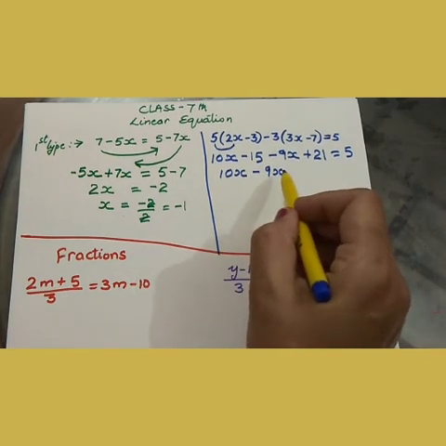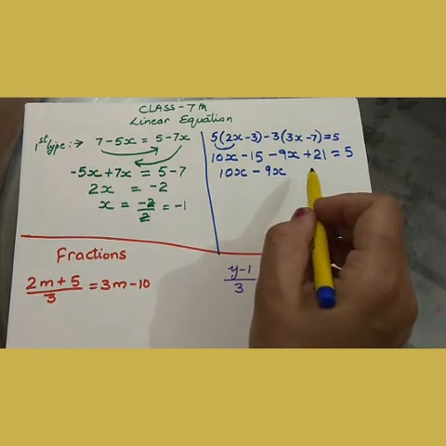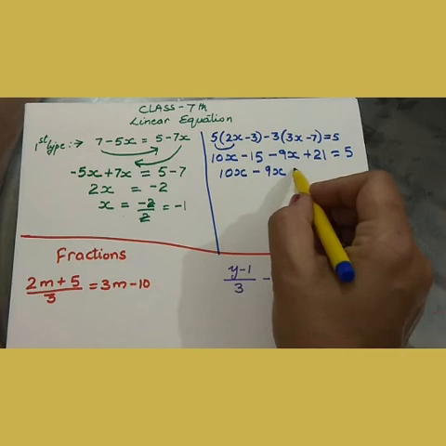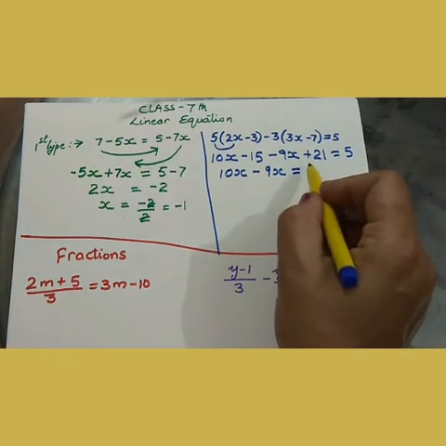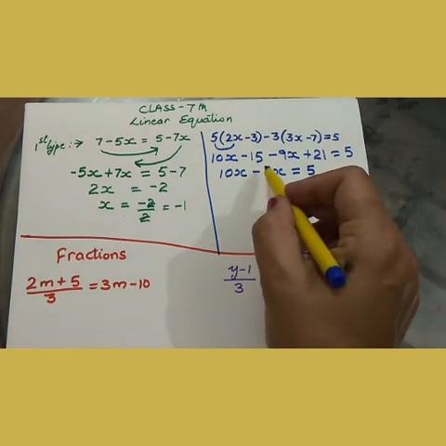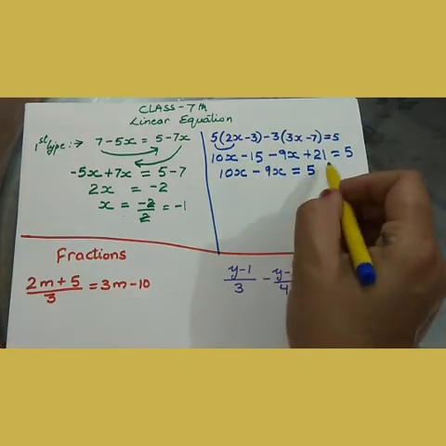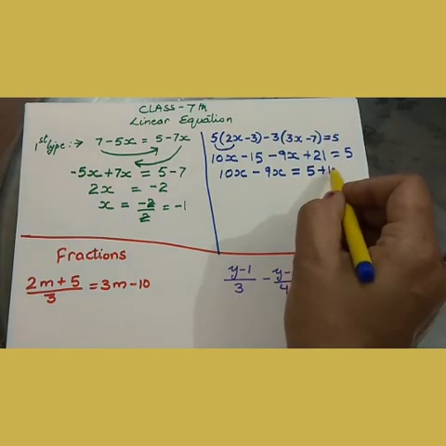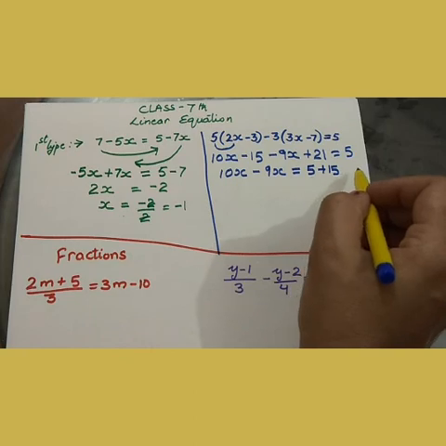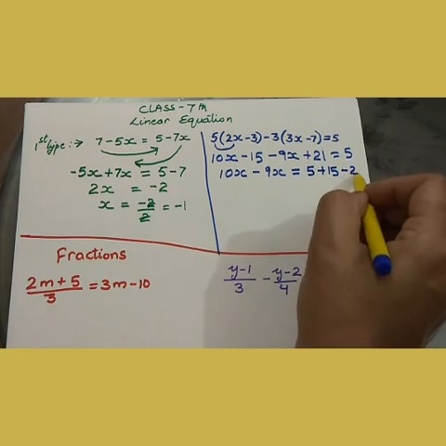Since they are both already on the same side, we are not changing their side, so their signs will also not change. Now bringing the constant terms to the other side, first is 5, which is already on the right hand side. Now minus 15, which is on the left side, will become positive when you take it to the right side, and plus 21 will become negative when you take it to the right hand side.